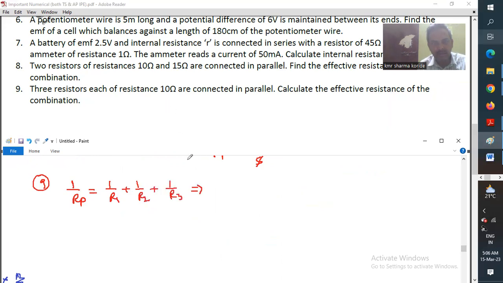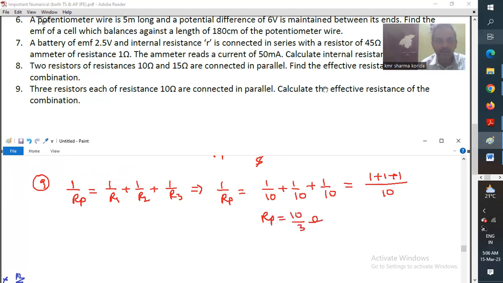But they mentioned all are 10 only. So 1 by Rp is equal to 1 by 10 plus 1 by 10 plus 1 by 10. LCM is 10. So 1 plus 1 plus 1. So therefore, Rp is equal to 10 by 3 ohm. So don't forget to mention the unit.